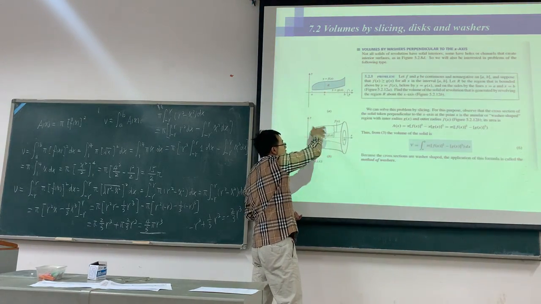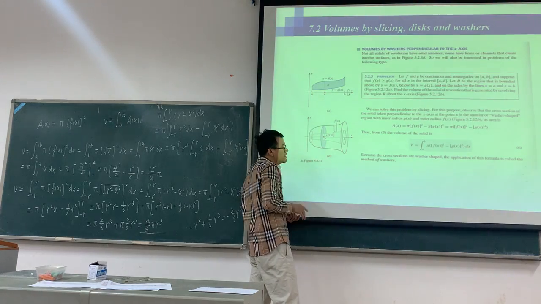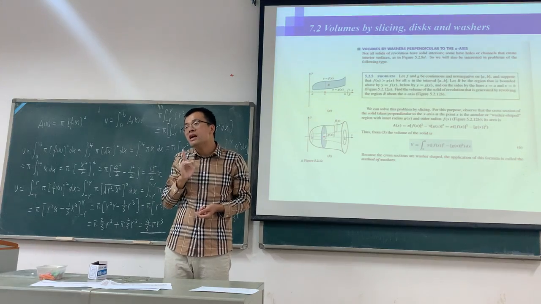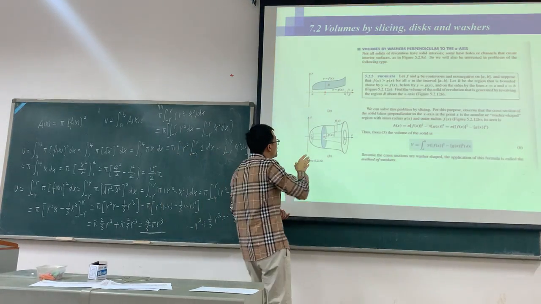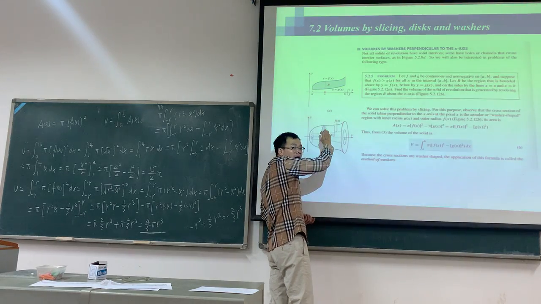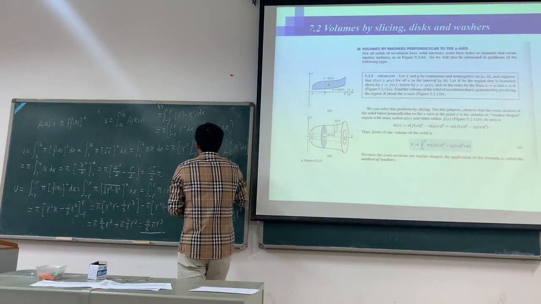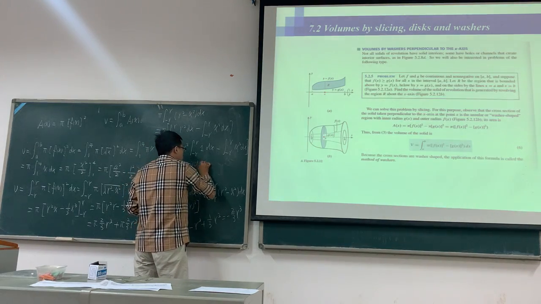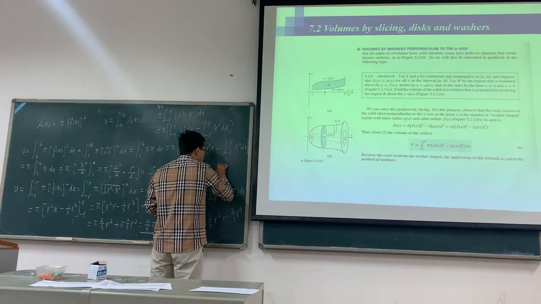It's easy to see each cross section actually is a circle, a circle with a hole. A circle with a hole.